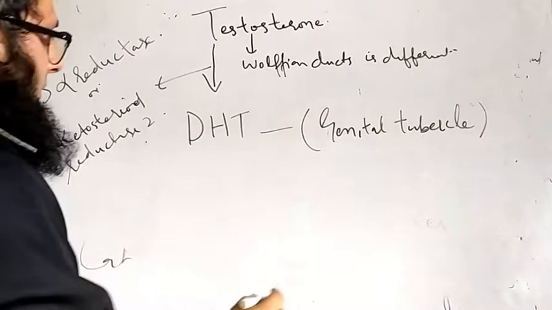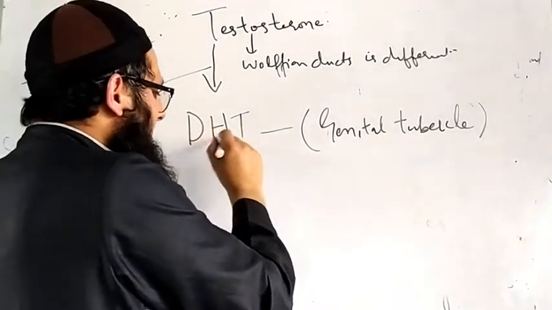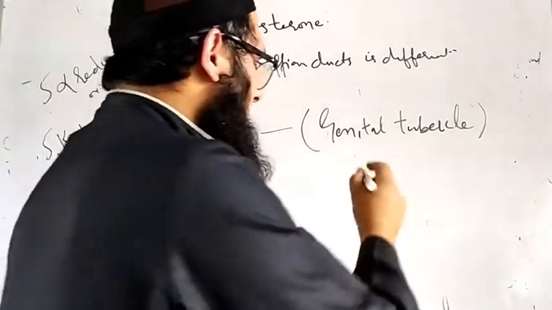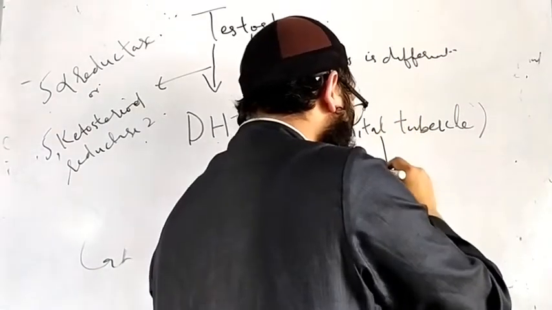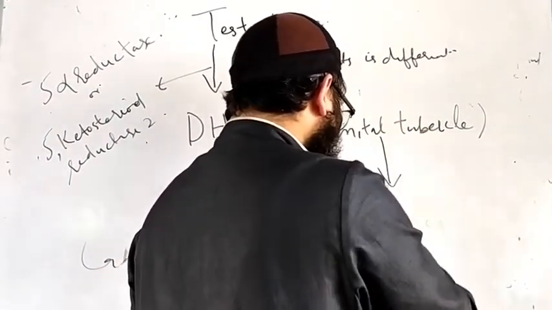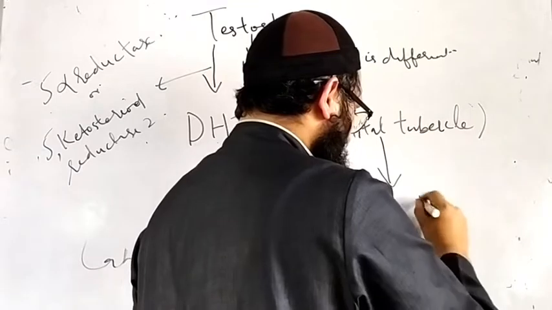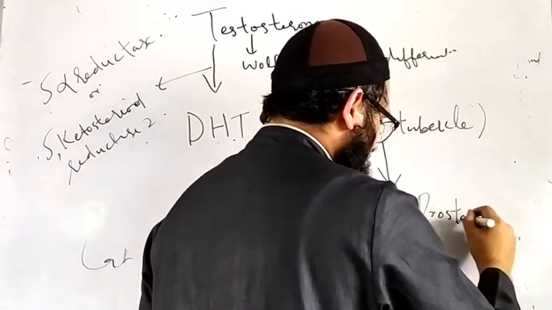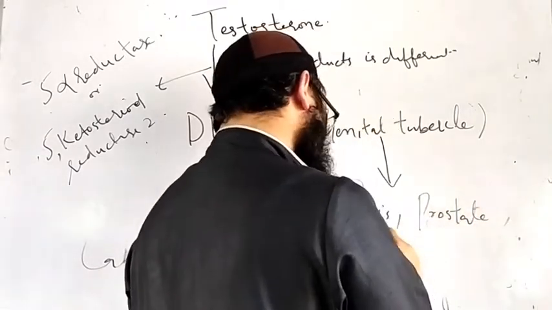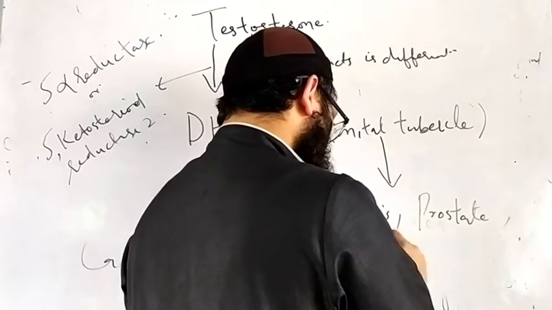Under this DHT, the genital tubercle differentiates into penis, prostate, and scrotum.